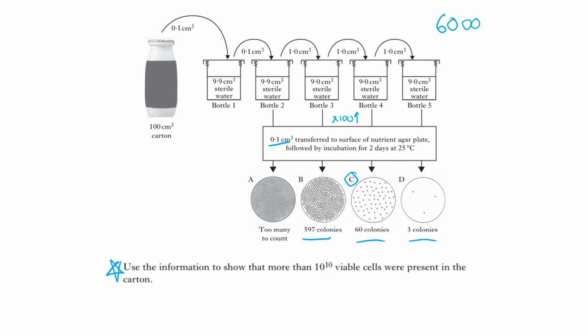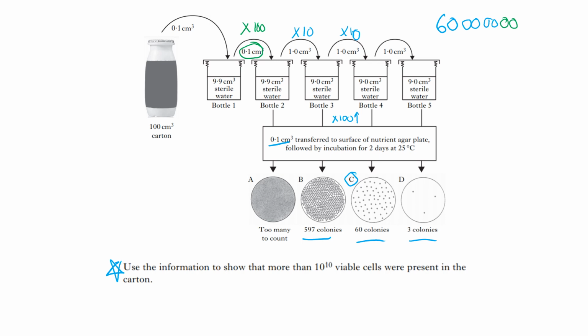2 zeros. In this one, this is 1 out of 10, so that's a times 10, and every one of these dilutions that's 1 is times 10. So those two, another 2 zeros. This one here was 0.1. So 0.1 is going to be times 100.